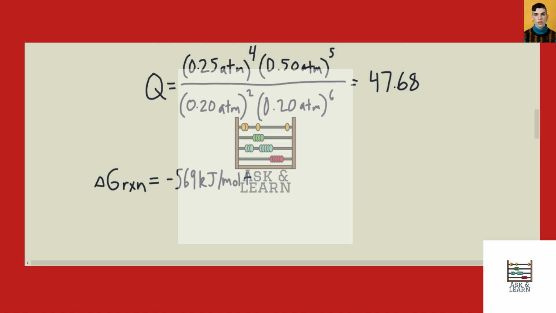Then we add RT ln of Q. So R is a constant of 8.314 joules per mole times Kelvin.